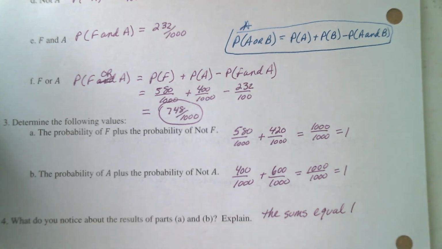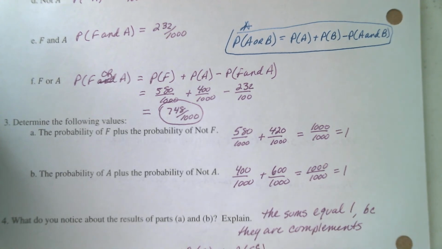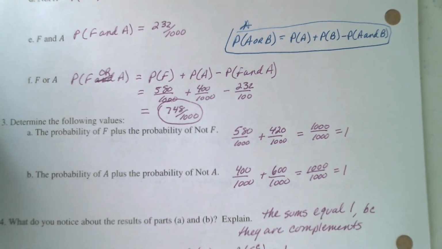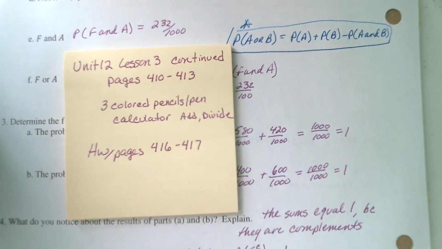So because they are complements, the probability of an event plus the probability of the event's complement, remember the superscript C, is always going to equal 1. Okay, so you have the 2 pages, 416 and 417 for homework.